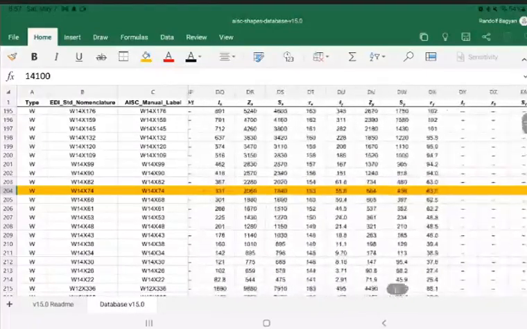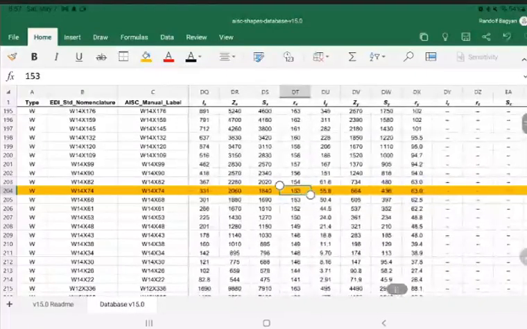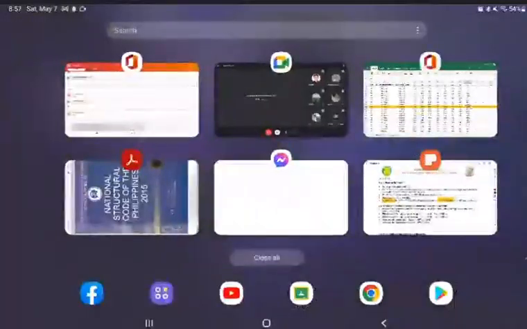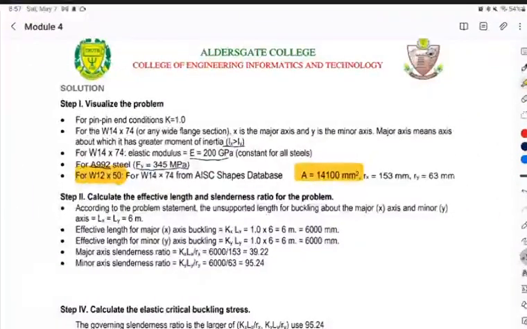Punta mo lang sa kanan. Ito yung R sub x niya, 153. Okay? Siyempre, if you compute that, merong point yan. Pero, hindi niya kayo consider dito. Okay, okay lang din naman. And then, R sub y is 63.0. 153 and 63 yung R sub x at R sub y.